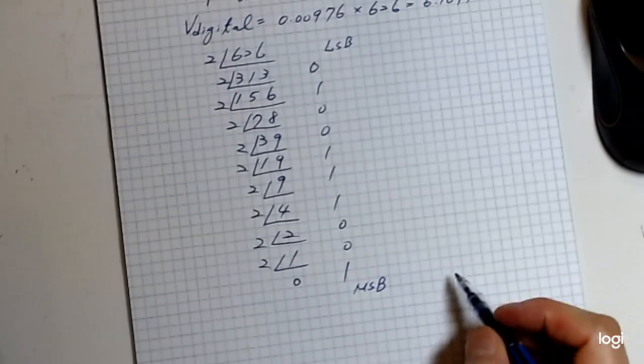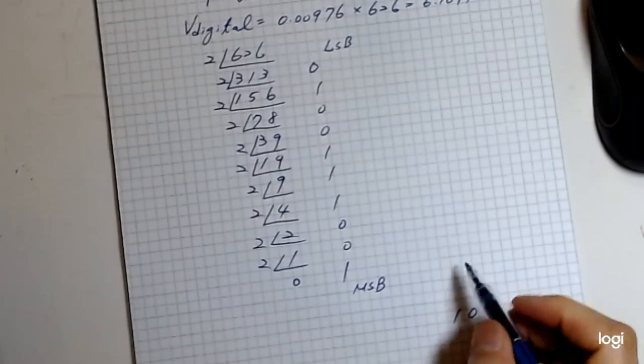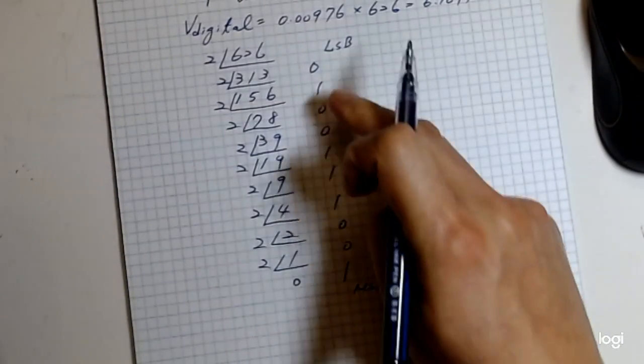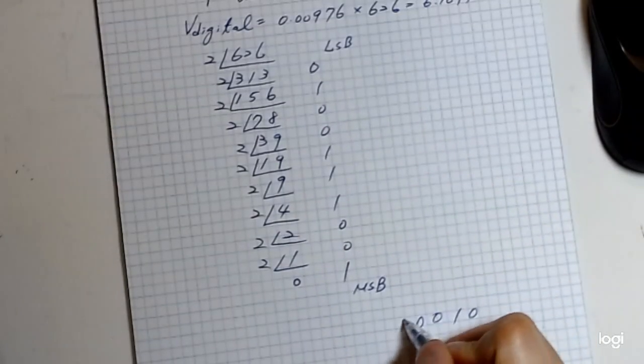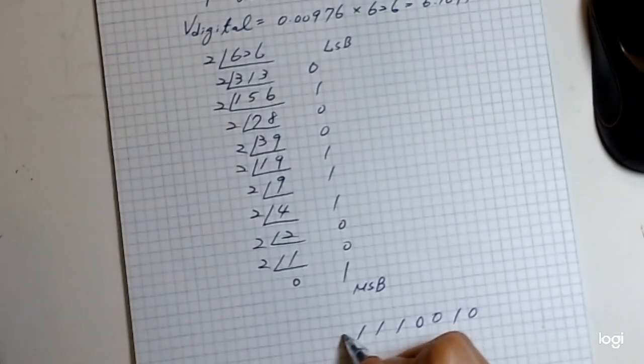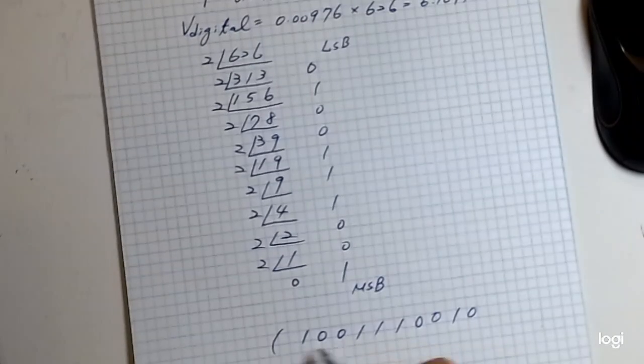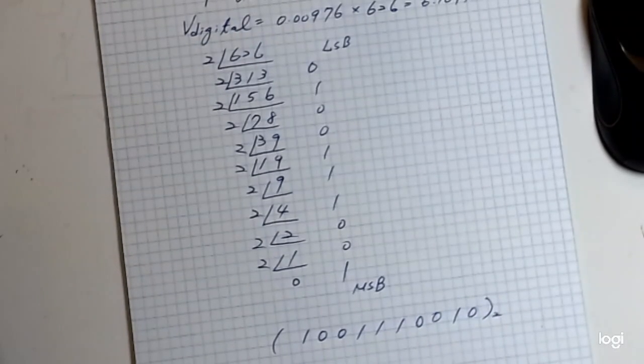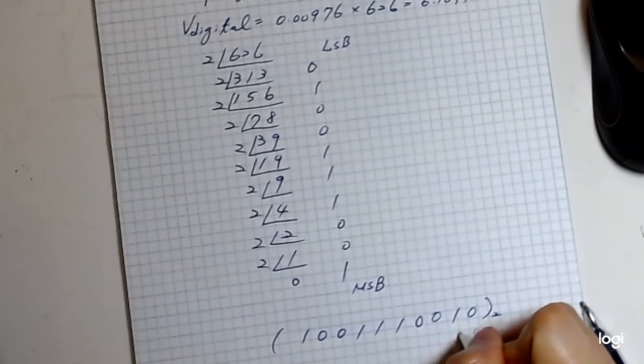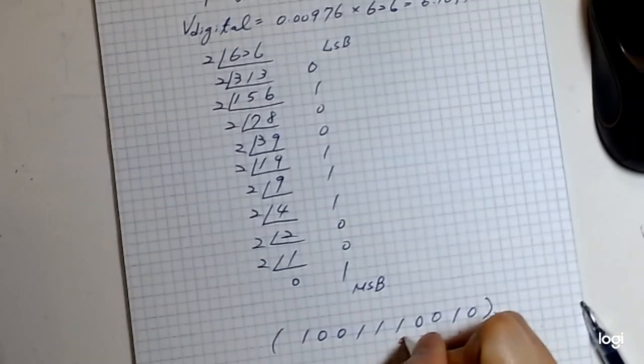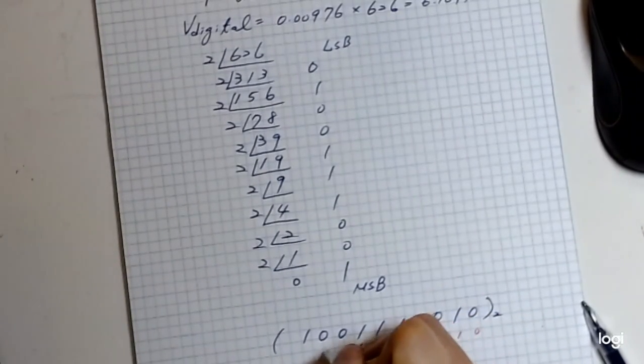Let's double check. 1, 0, 0, 1. So this is zeros 1, 2, 3, 4, 5, 6, 7, 8, 9.